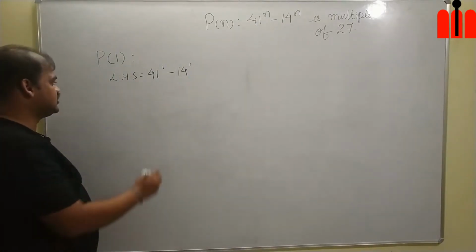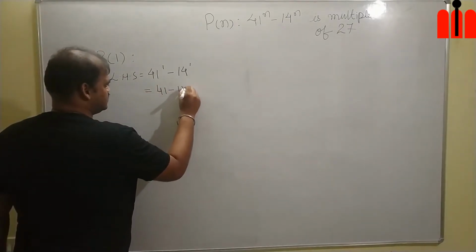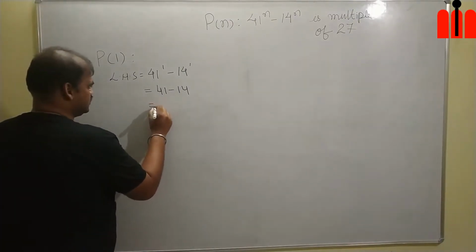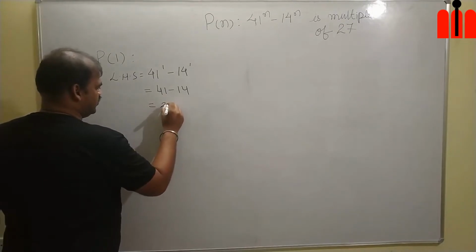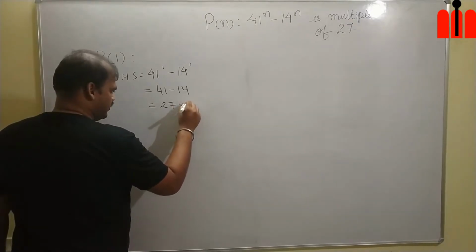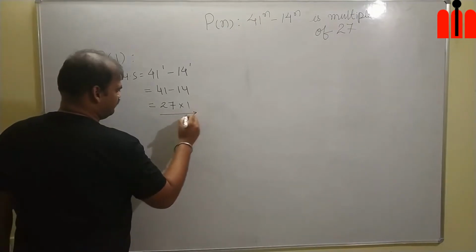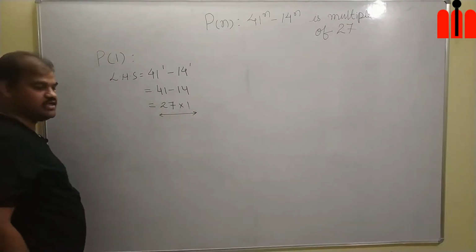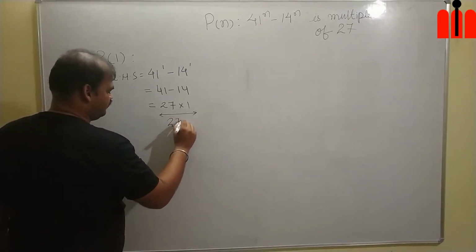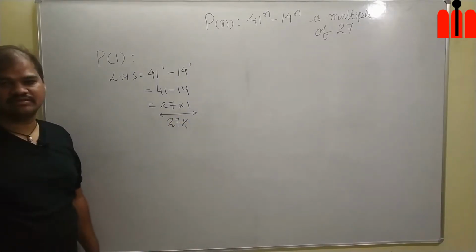This will be 41 minus 14, which is 27, which can also be written as 27 into 1. So this is a multiple of 27. It can be represented in the form of 27k, where k is 1 in this case.